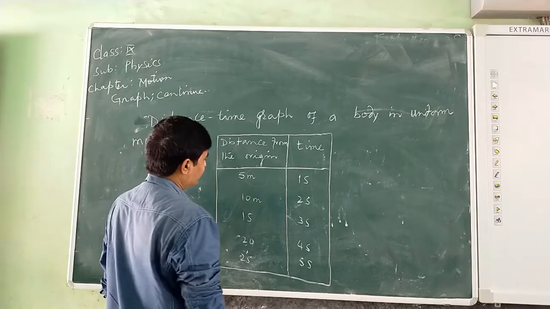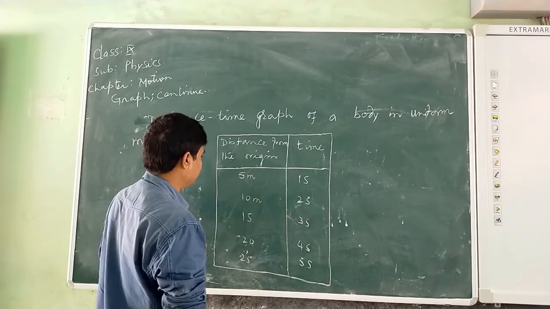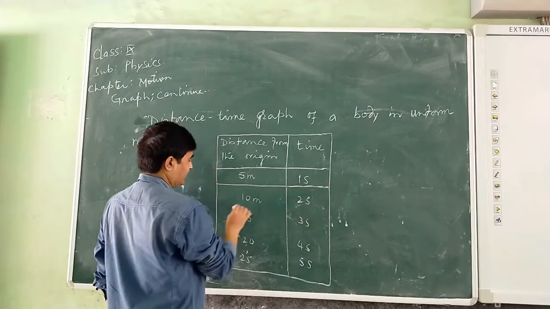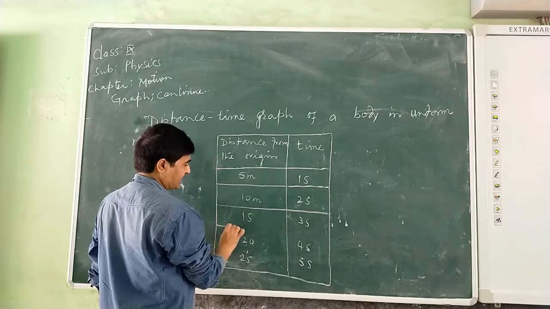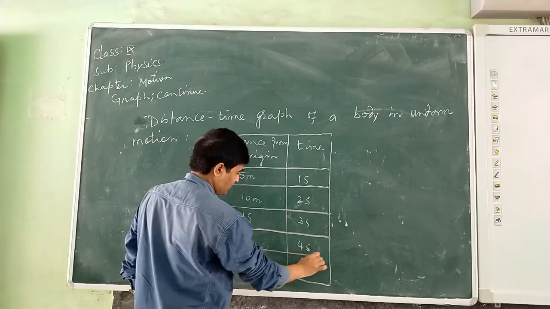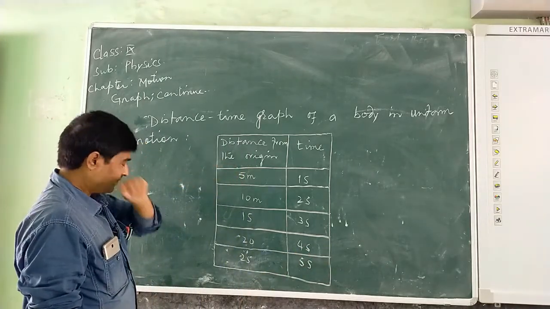It is clear the body covers equal distance in each equal time interval. In 1 second 5 meter, in 2 seconds 10 meter, in 3 seconds 15 meter, in 4 seconds 20 meter and in 5 seconds 25 meter.